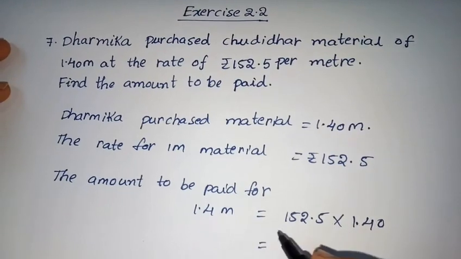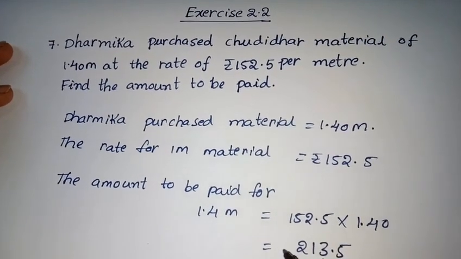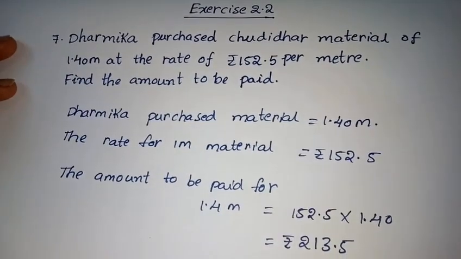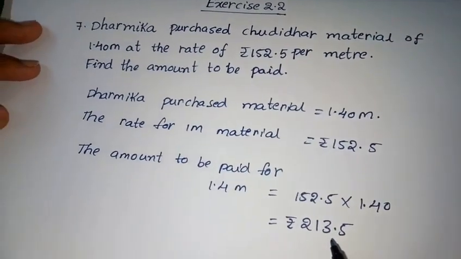Multiply, you will get 213.5 rupees. So the amount paid for 1.4 meters is 213.5 rupees.